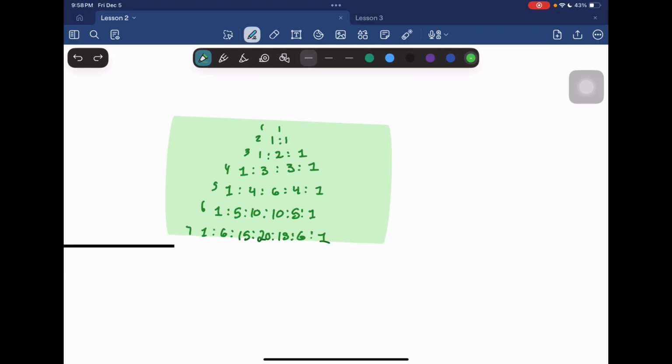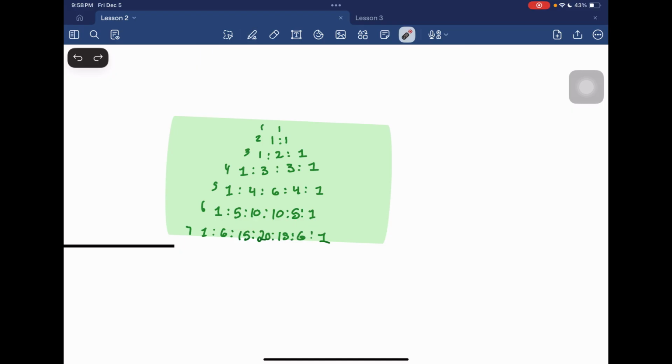Again, we use our Pascal's triangle. 1, 1, 1. 1, 1 plus 1 is 2, 1. 2 and 1, 3. 2 and 1, 3, 1. 3 and 1, 4. 3 and 3, 6. 3 and 1, 4. 4 and 1, 5. 4 and 6, 10. 6 and 4, 10. 4 and 1, 5.